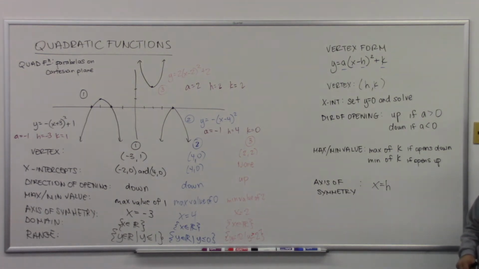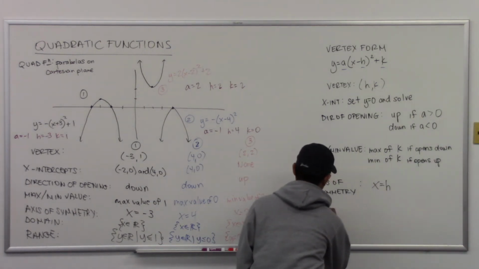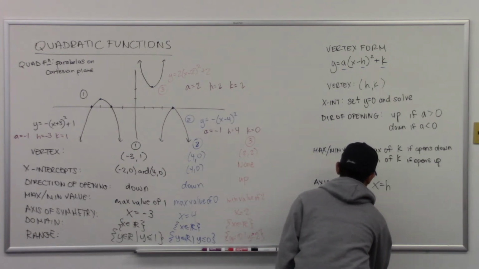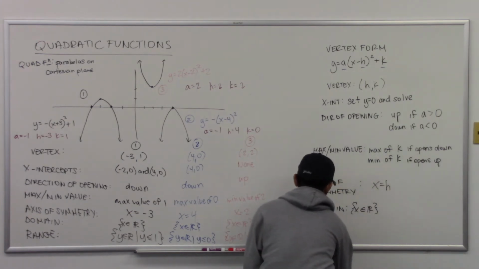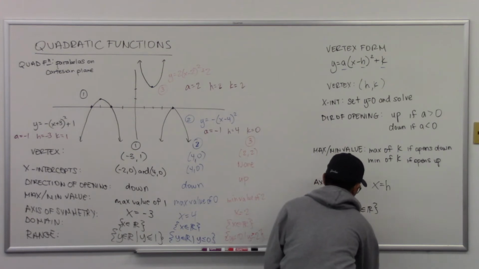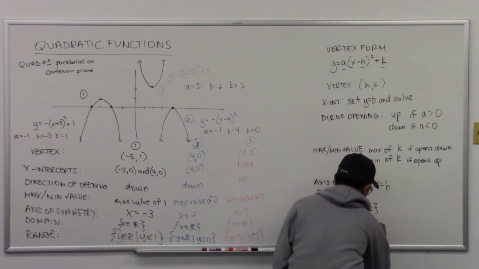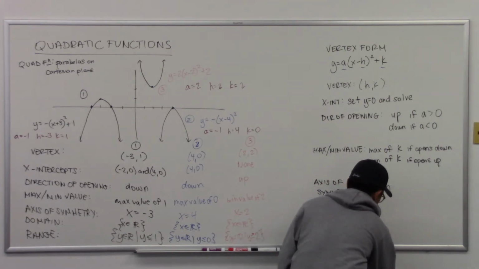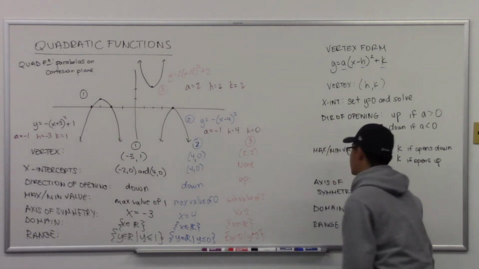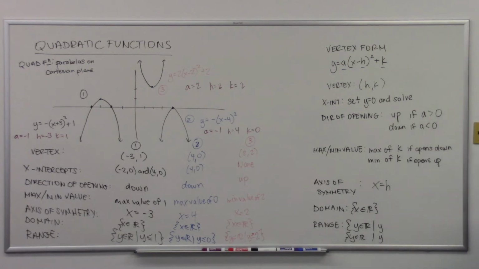Your domain is always x belongs to a set of real numbers no matter what. The range changes. It's y belongs to a set of real numbers such that y is... what value does it seem to be taking the range from?